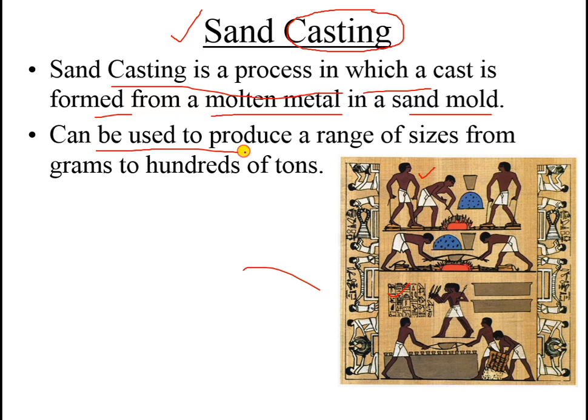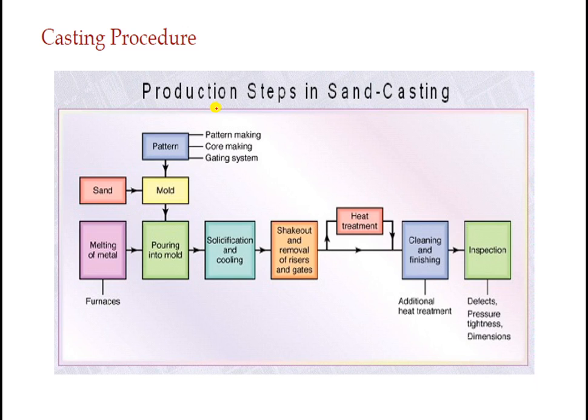It can be used to produce a range of sizes from grams to hundreds of tons. We will see some examples in the next slide, but in simple language, the metal is melted and poured into a cavity, and that cavity has the shape of the required product. So that is sand casting.